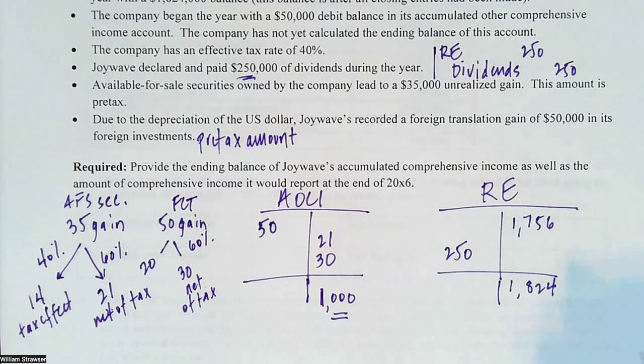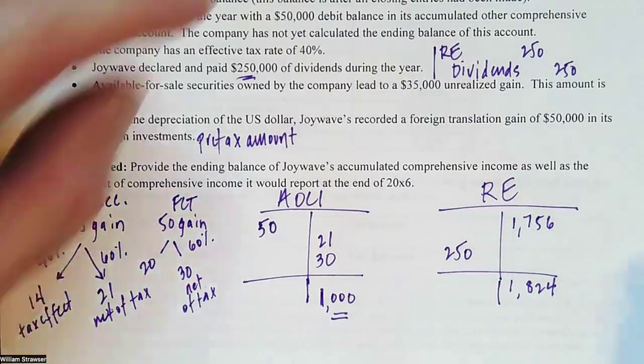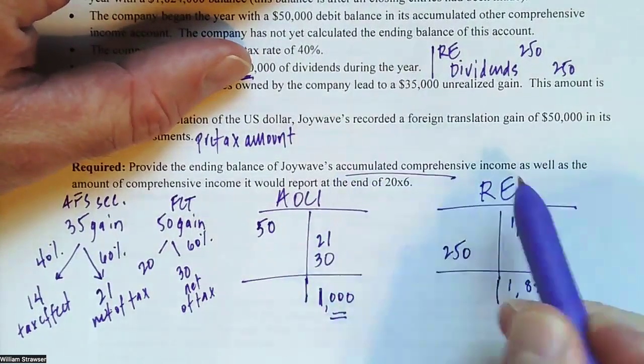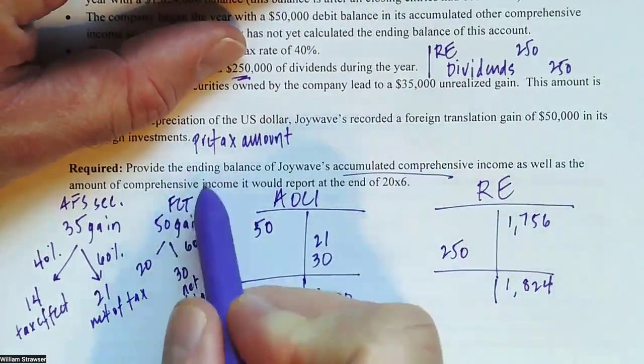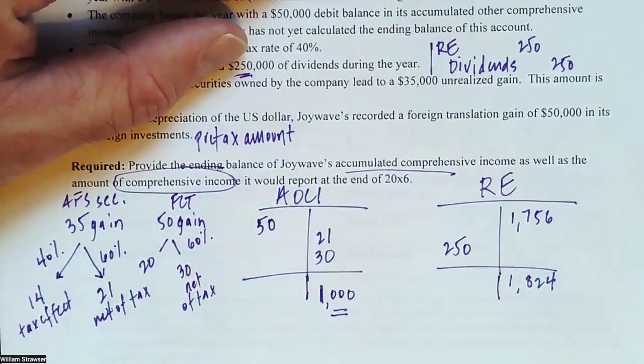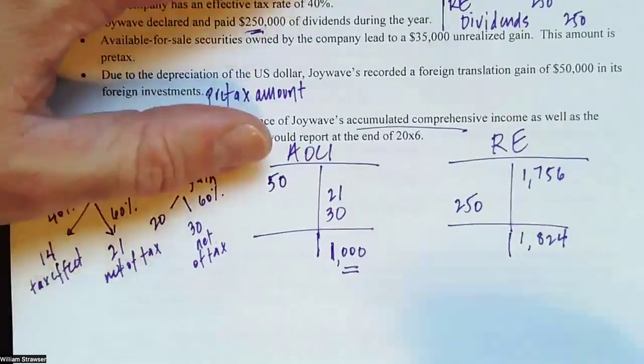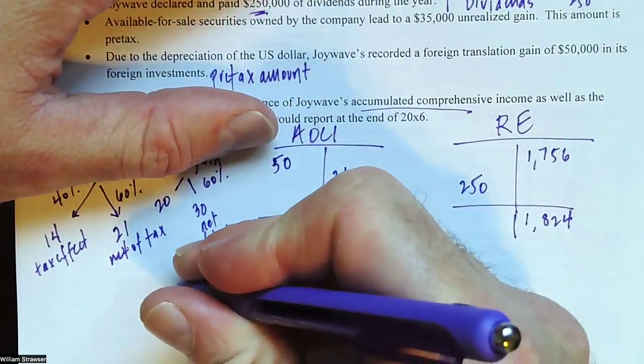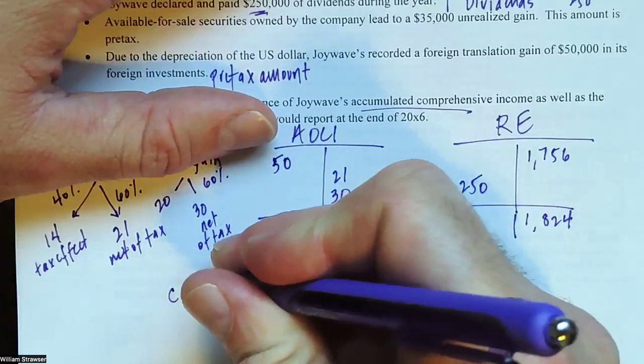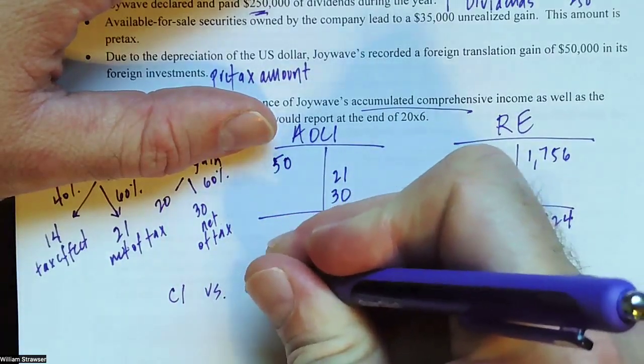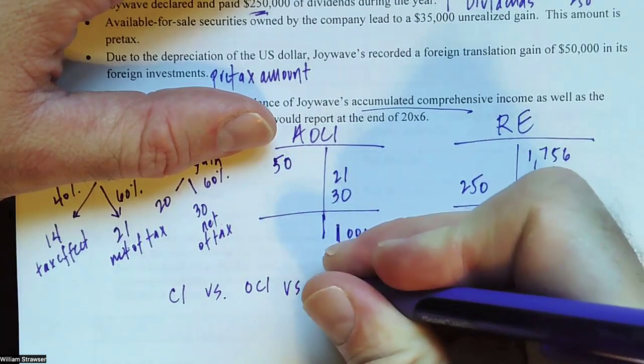So the other thing now we need to figure out is, well, what's going on here? Because the two things that were really asked of you is what is the accumulated other comprehensive income and the comprehensive income. So we really do need to keep a focus on the difference between CI versus OCI versus AOCI.